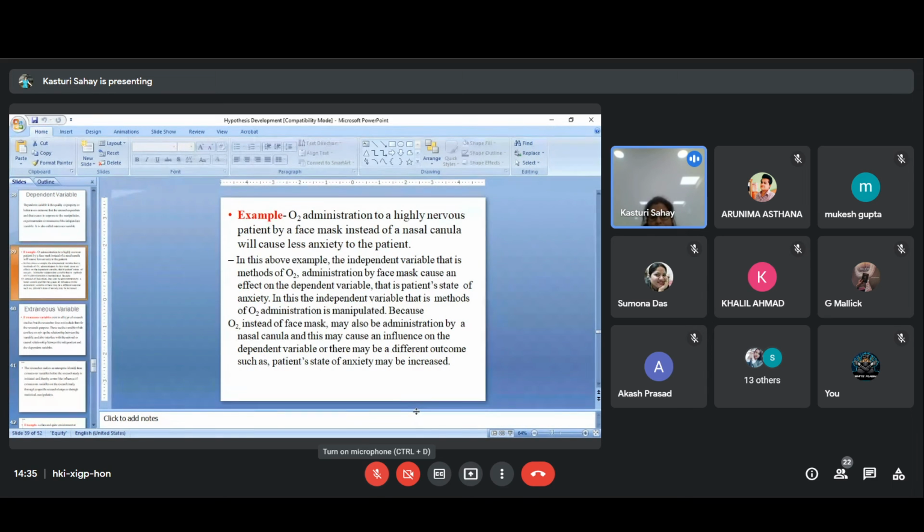Now, I hope this is clear that the independent variable here is O2 administration. O2 administration can be manipulated by the researcher because he has the option of doing it through face mask and he has the option of doing it through nasal cannula. But the outcome, which is the anxiety to the patient, can be increased or decreased based on the method which you have used with your O2 administration to the patient.